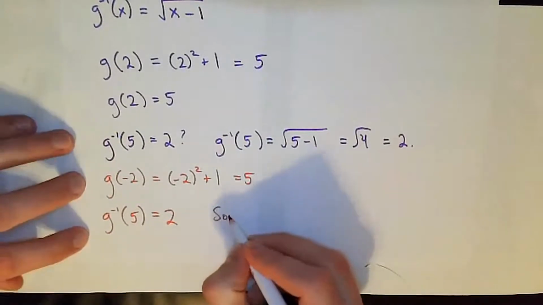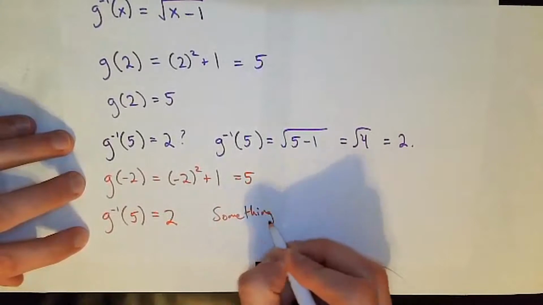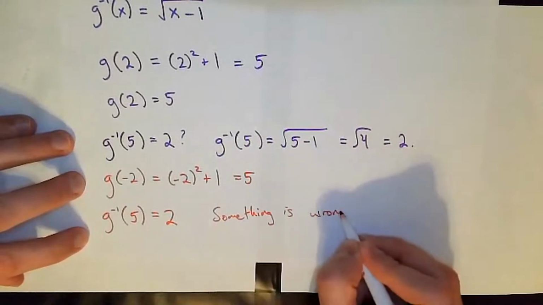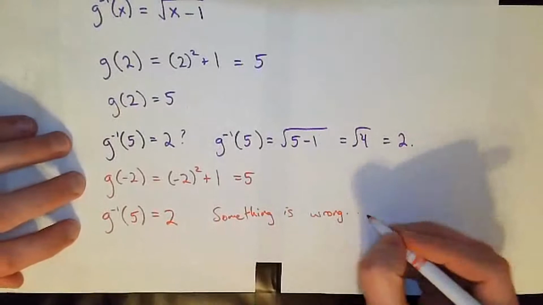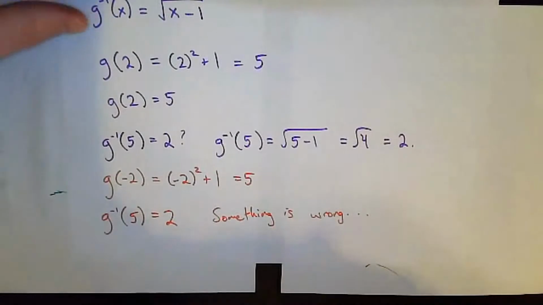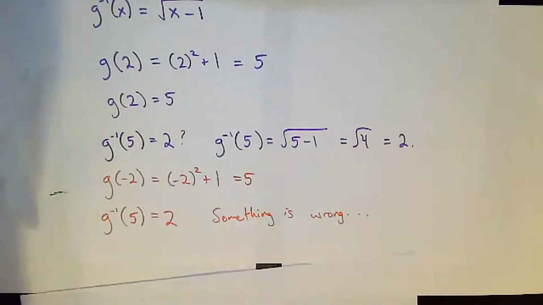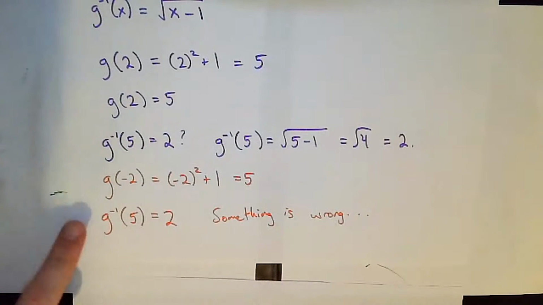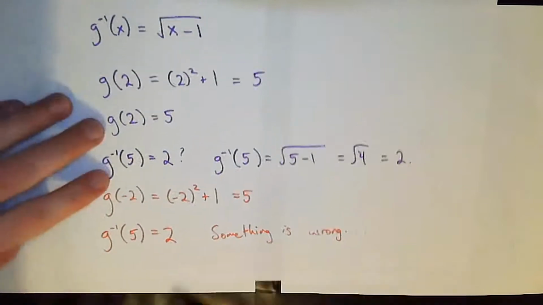So something is wrong. Let's investigate. So g inverse only worked for one value, right? Let's investigate that a bit further.